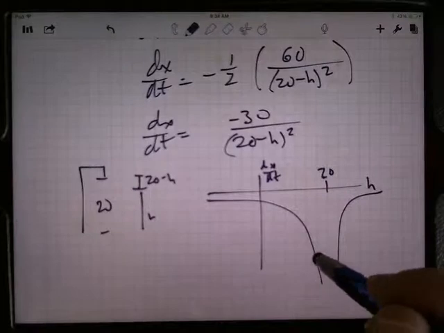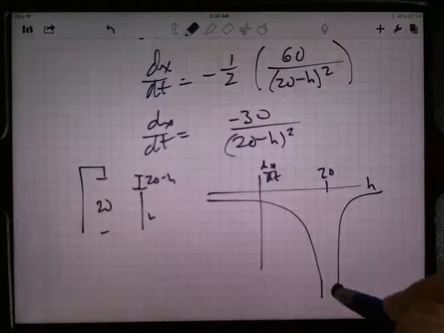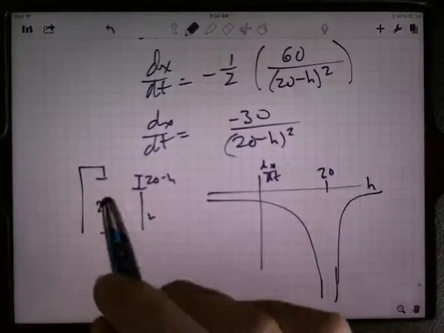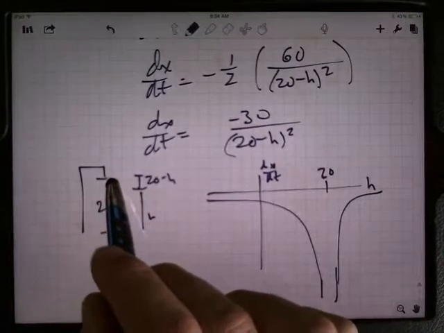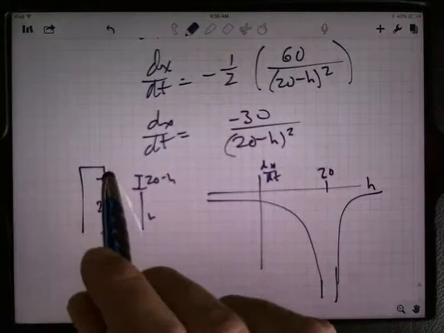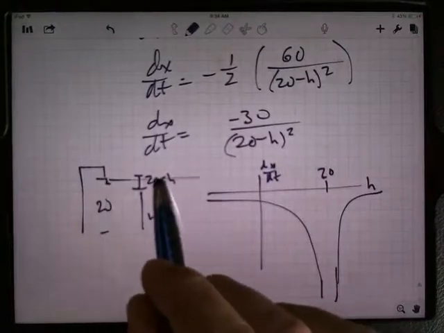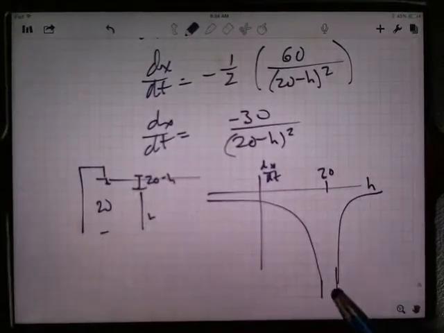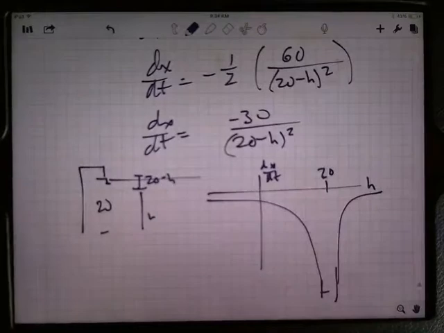Which tells me that at some point, just as the snowflake falls beneath the height of 20, so you get just under the street light, that shadow is racing in at faster than the speed of light. So perhaps the speed of darkness is faster than the speed of light.